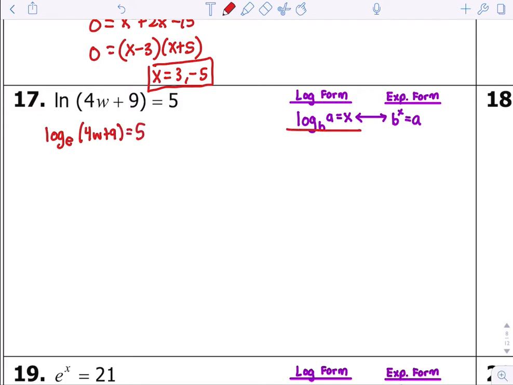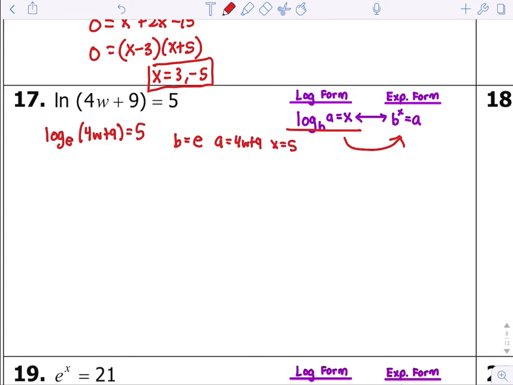So we have log form now, so let's change it to become exponential form. So our b is e, our a value is 4w plus 9, and our x value is 5.